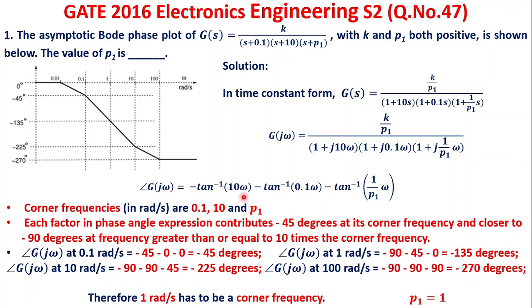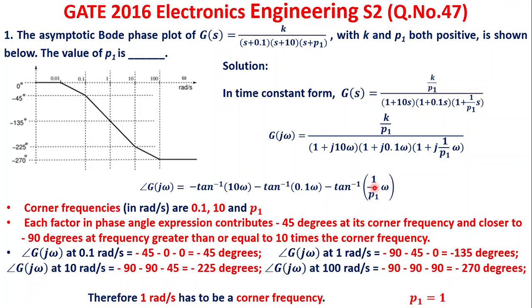Similarly, for minus tan inverse of 0.1 omega, the corner frequency is 10. So at 10 radian per second, it will contribute minus 45 degree. At 100 radian per second, it will contribute minus 83 degree, or close to minus 90 degree.